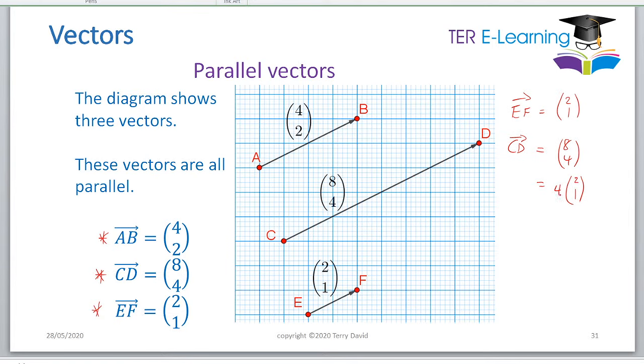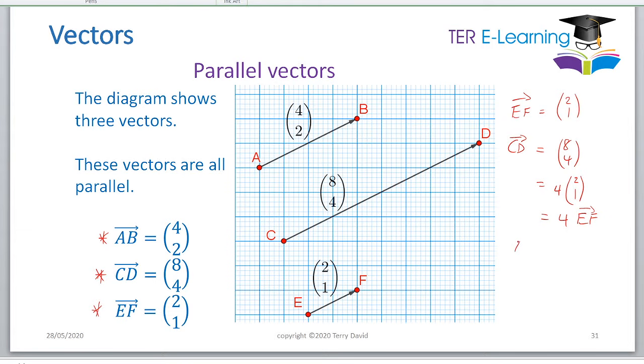I can put 4 in front of this. So the vector CD is the same as saying 4 times whatever EF is. So we can see that the vector CD is a multiple of the vector EF. The vector EF is 2, 1, but CD can be written as 4 times that vector. So I can write CD as a multiple of EF. That tells me that the two vectors are parallel.